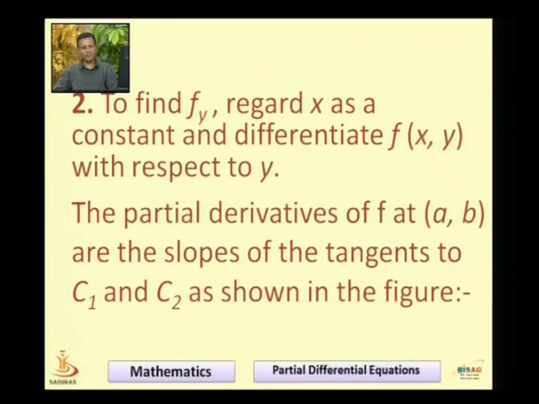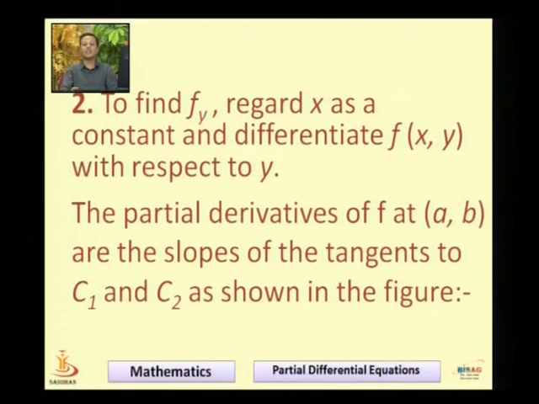So x is the only independent variable. In this case, in one variable calculus, as you may have observed, any function y equal to f(x) or f(x, y) equal to c represents a curve in the xy plane. And when you find the derivative of the function f(x) with respect to x, that is dy by dx, that gives you the expression for the slope.